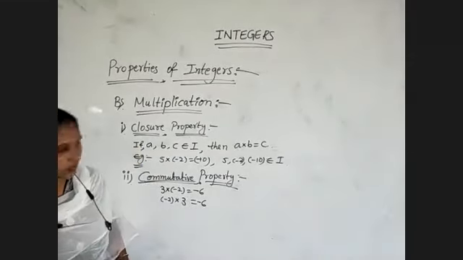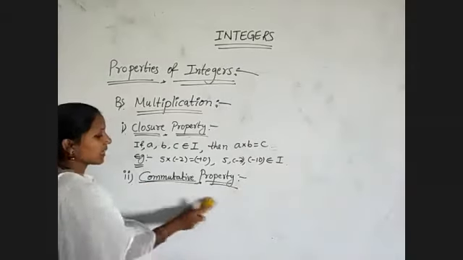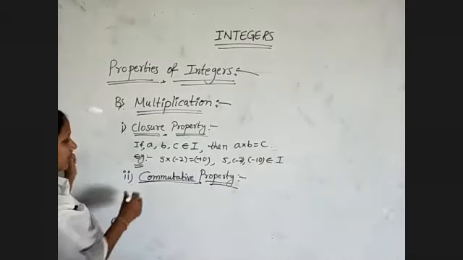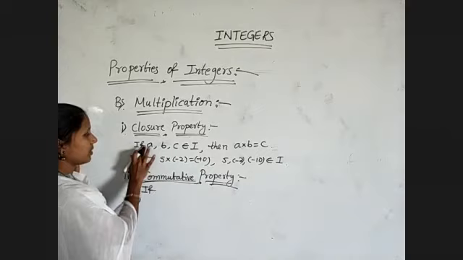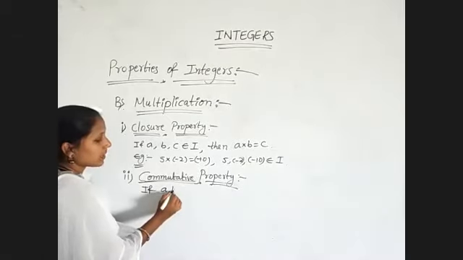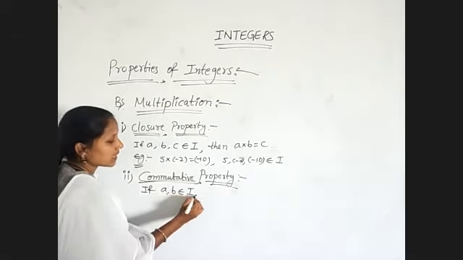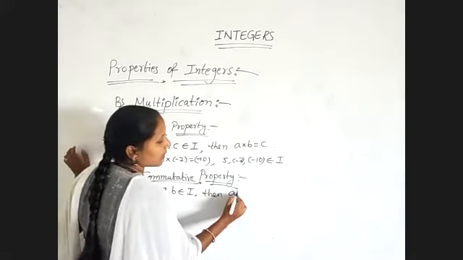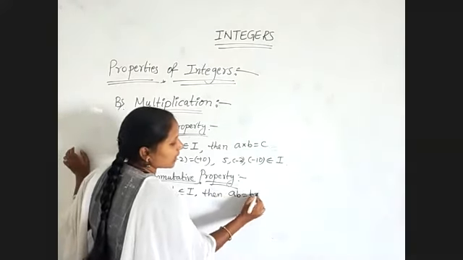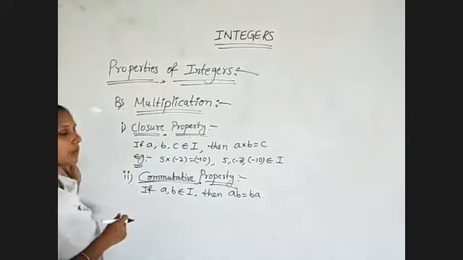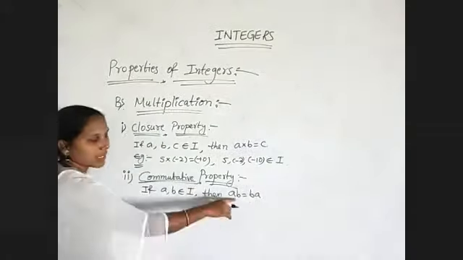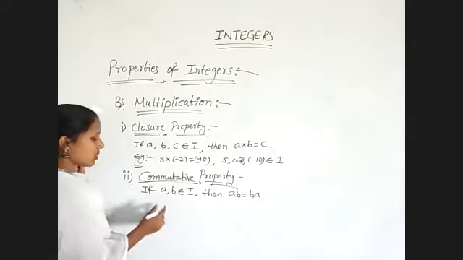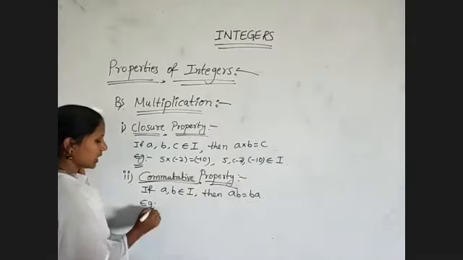So now in the statement I am writing, if a, b belong to integers, then a b is equal to b a. That is a into b is equal to b into a, multiplication operation. That's what we will see with the example.